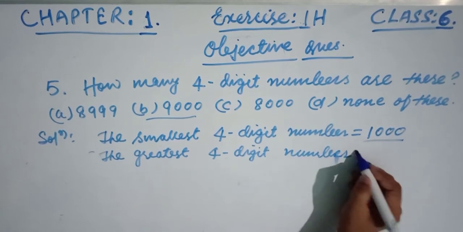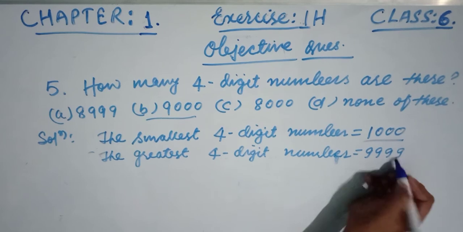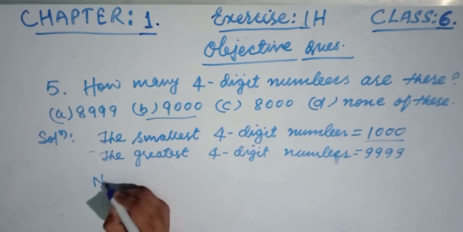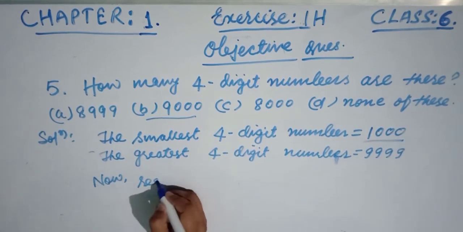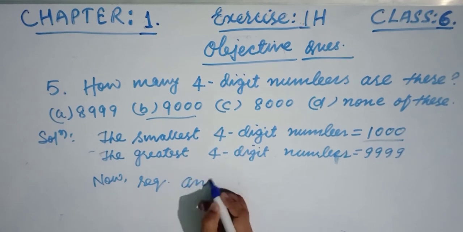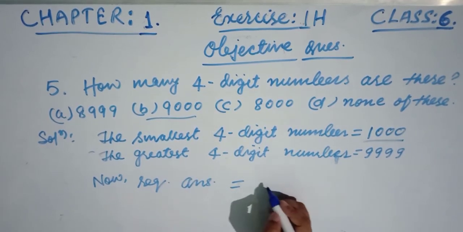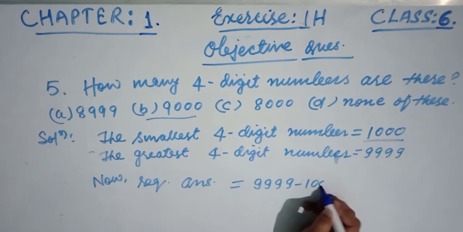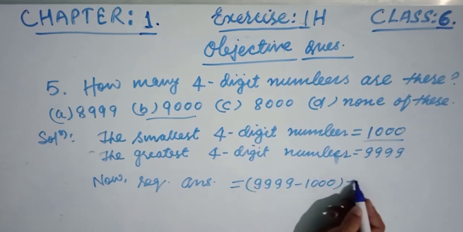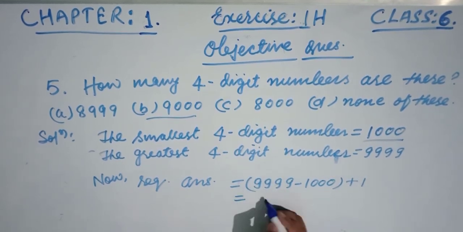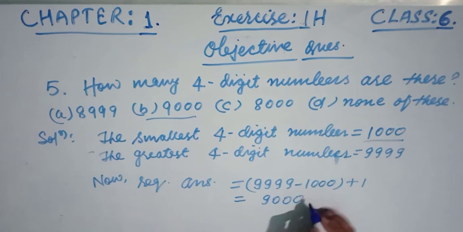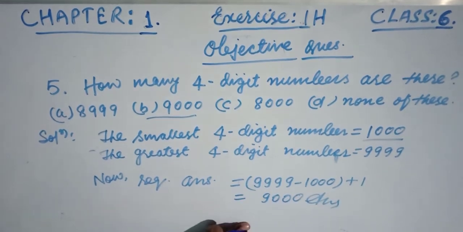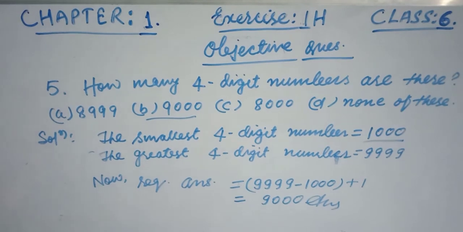The greatest 4-digit number is 4 times 9. Now the required answer is, subtract, and then add 1, and we will get the 9000 answer, friends. So, friends, B is the correct option.